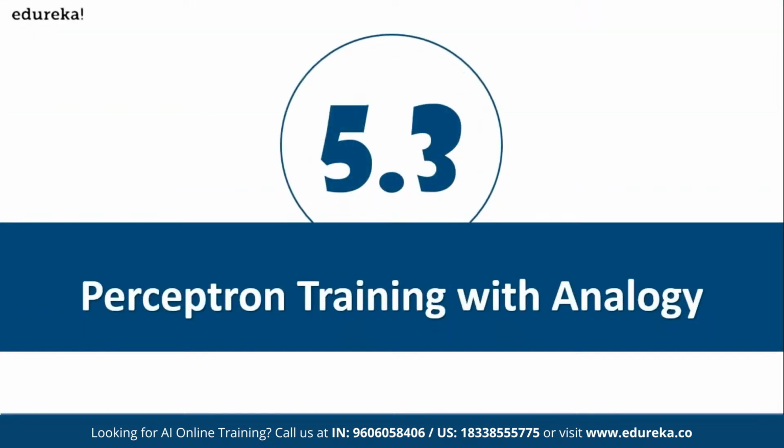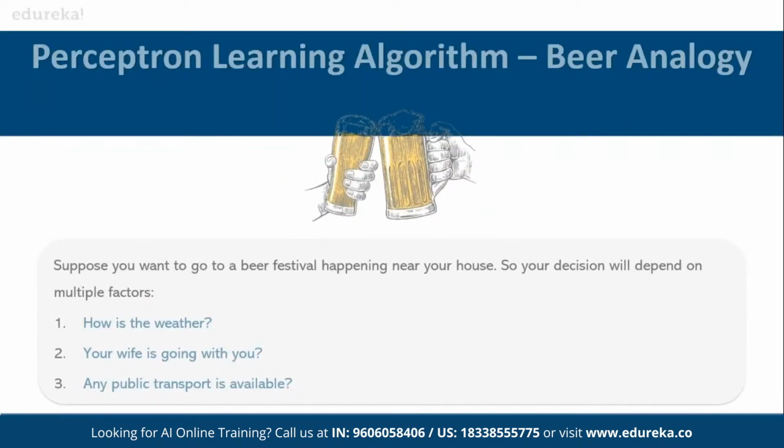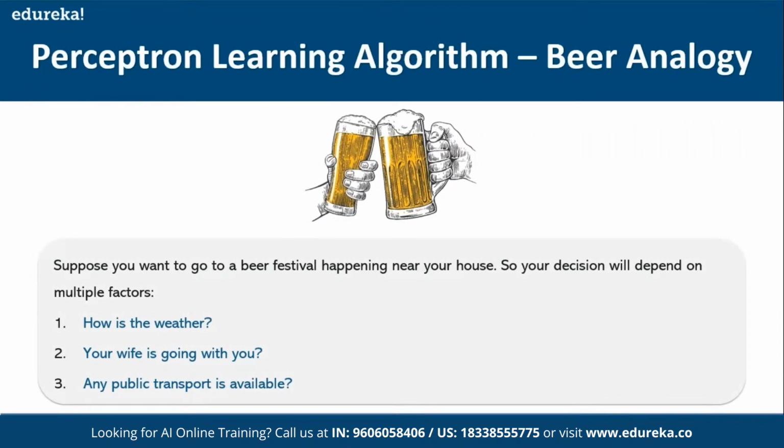Let's understand the whole analogy, whatever we spoke, with a simple analogy. Thereby we will be able to get the most of it. There is a beer festival near your house. It's a weekend, and you are thinking whether to go to the beer festival or not.